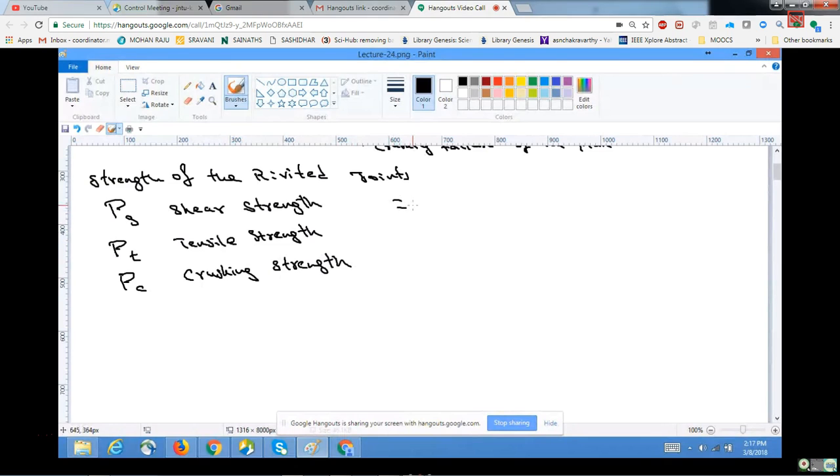For this expression, PS depends upon whether it is d square tau. This is for shear, where 2 is double.